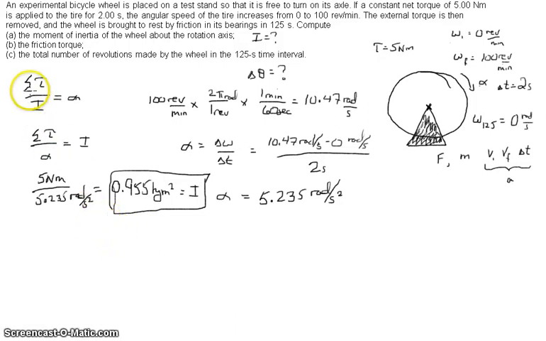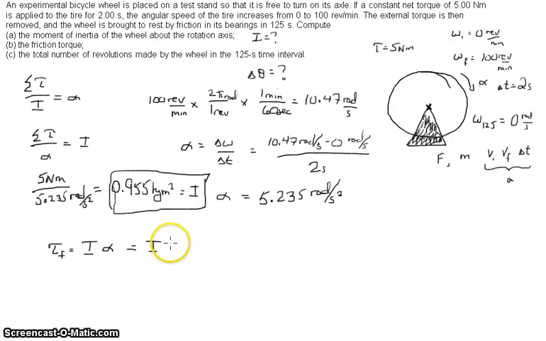They literally just want to know what the torque is. So we're going to rearrange this to solve for torque of friction is equal to I times alpha. Well, we just solved for what I is, and now we need to figure out alpha in this new situation. So this will equal I times the change in velocity.